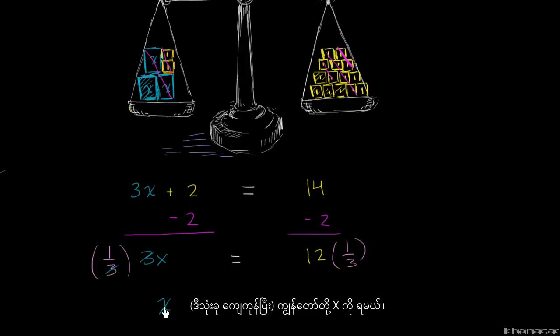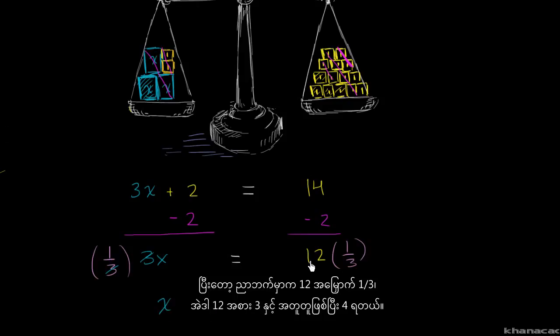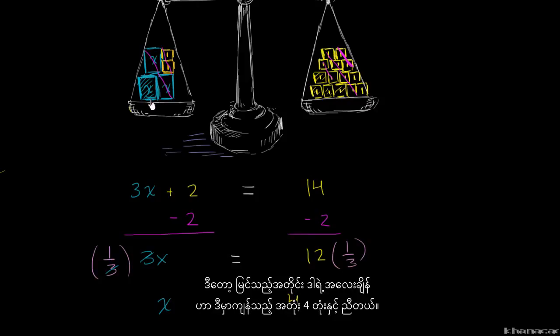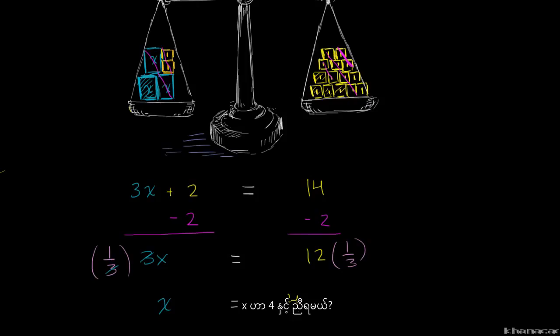That'll give you just an x. And then on the right-hand side, 12 times 1/3, which is the same thing as 12 divided by 3, is equal to 4. And since we did the same thing to both sides, the scale is still balanced. And so you see that the mass of this thing must be the same thing as the mass of these 4 leftover blocks. x must be equal to 4 kilograms.